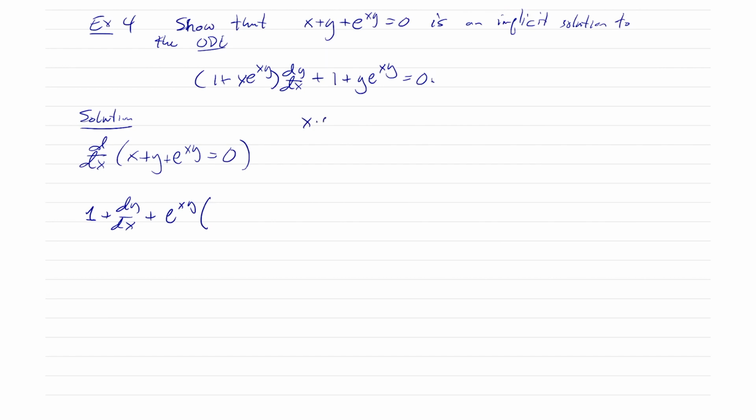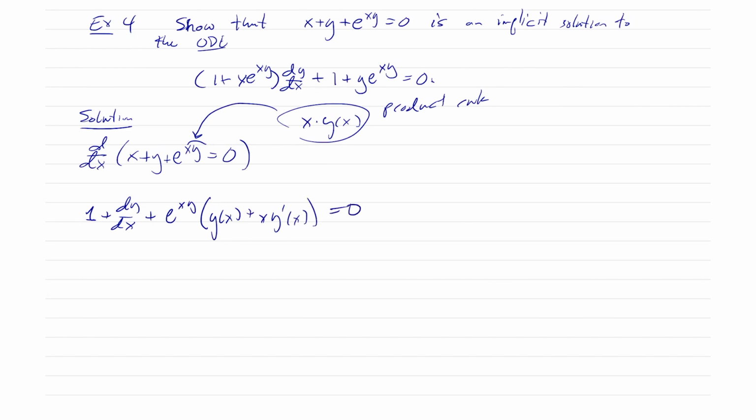So x times y of x, right? And so we're going to basically use the product rule. So that's going to give me y of x plus x times y prime of x. And this is equal to 0. Now, instead of y prime, maybe I should have written dy by dx. And instead of y of x, I'm just writing y. Okay, well, there we go.